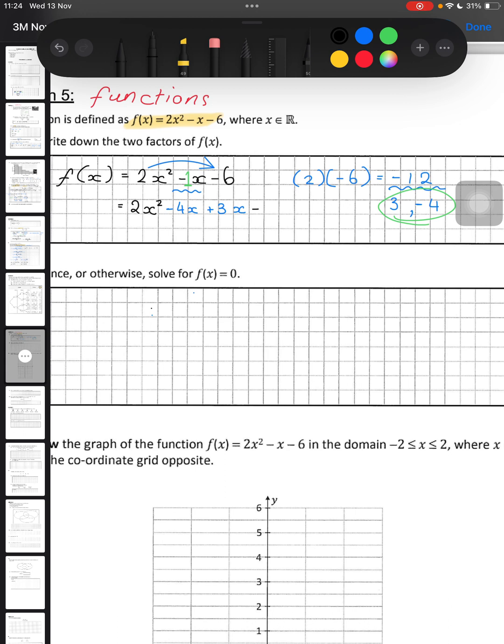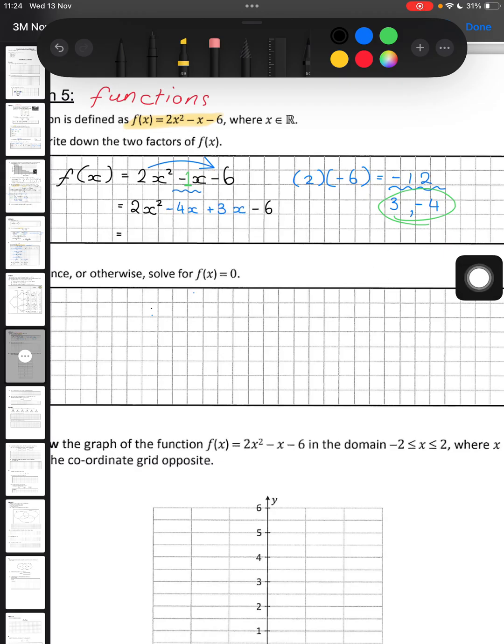Then I have my minus 6 at the end that I'm going to carry down. So I'm rewriting this as two things that add to give me that anyway, setting myself up to factorize this using my grouping 4 terms method.